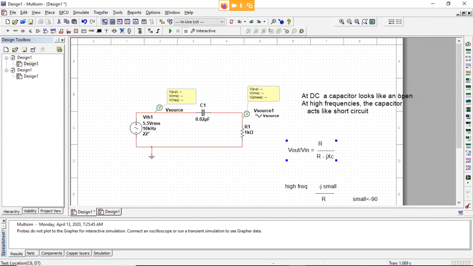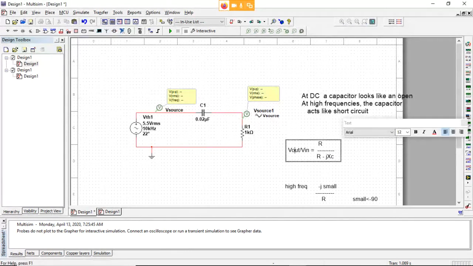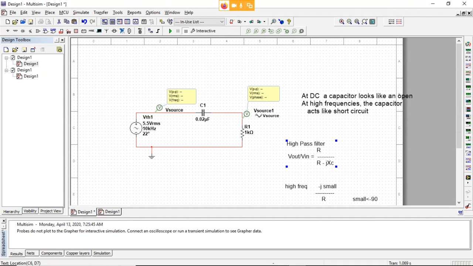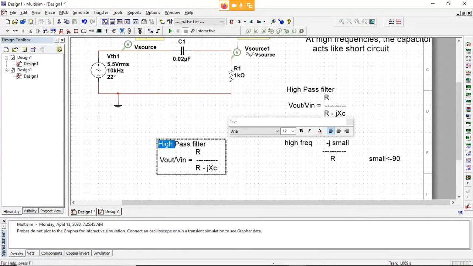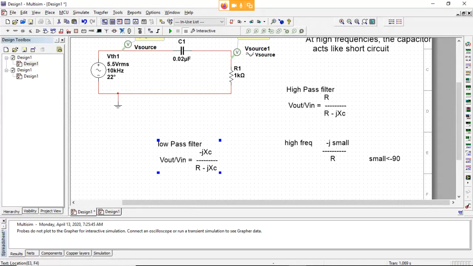So this is the voltage divider for the high pass. And if I copy that, for the low pass, it's minus jX sub C. And so what happens is, you just need to evaluate it at given frequencies.